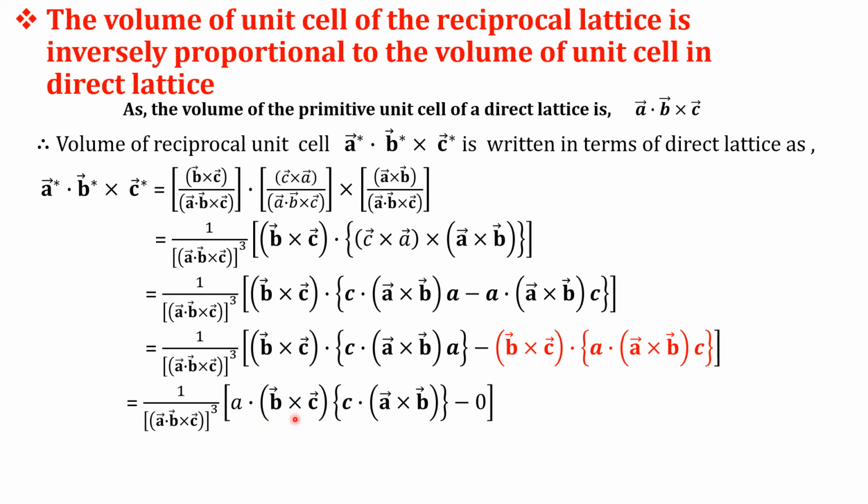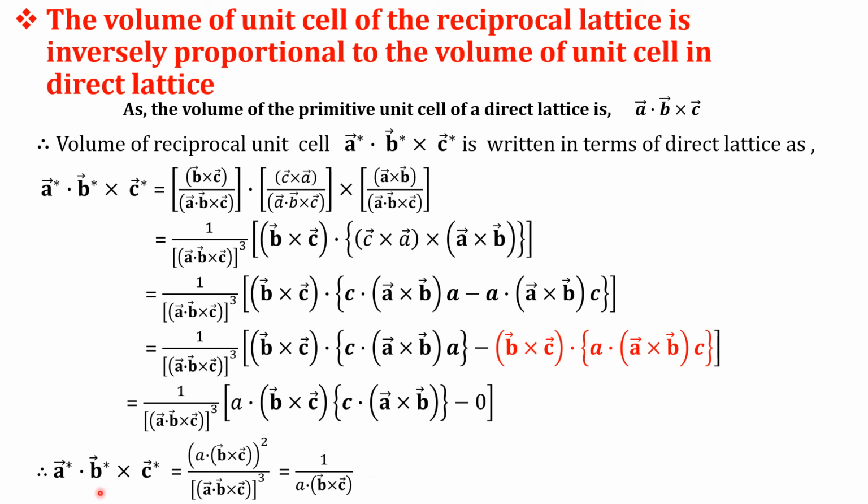Therefore, in the numerator, the two term product we write, both are volume of the unit cell, A dot B cross C or C dot A cross B, both represent volume. Therefore, numerator term is A dot B cross C bracket square divided by A dot B cross C cube. Here numerator denominator term simplified and remaining term we write 1 divided by A dot B cross C.